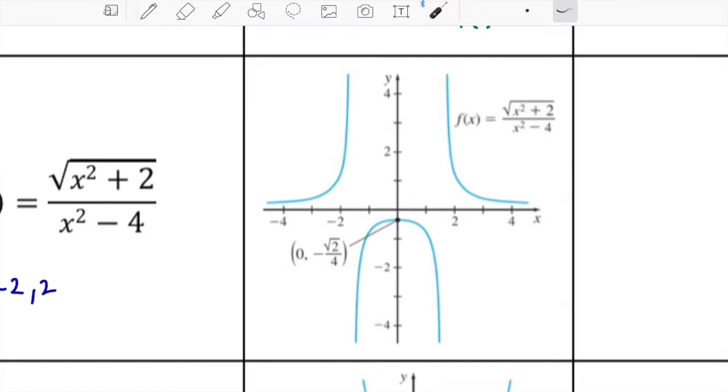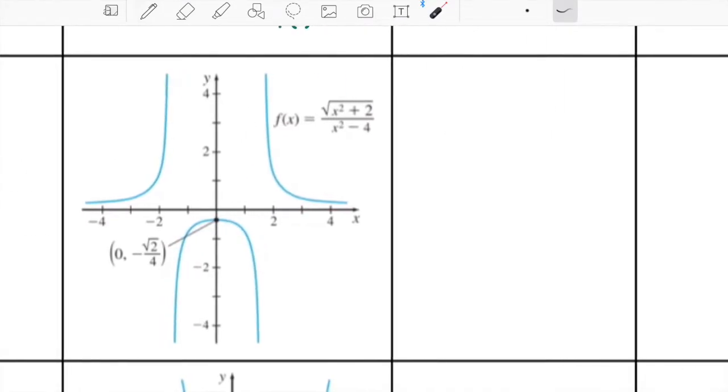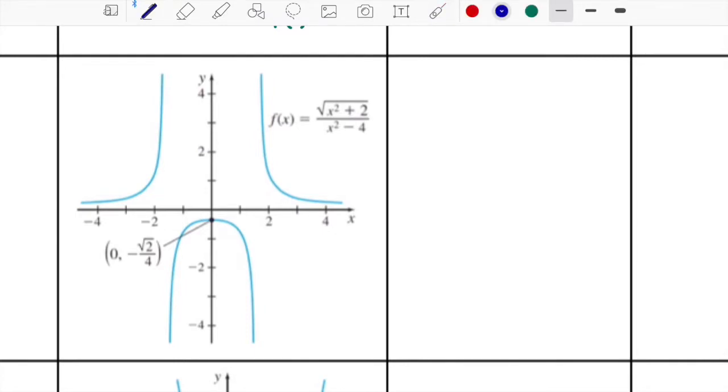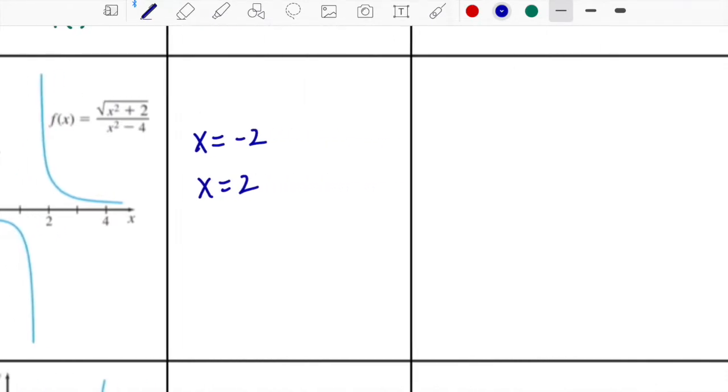Now, if you remember from class, if the denominator is equal to 0, then that means you have vertical asymptotes. So at negative 2 there's a vertical asymptote, and at positive 2 there's a vertical asymptote. That's why the graph seems like it jumps after 2 and negative 2. Therefore, the points of discontinuity would be x equals negative 2 and x equals 2.